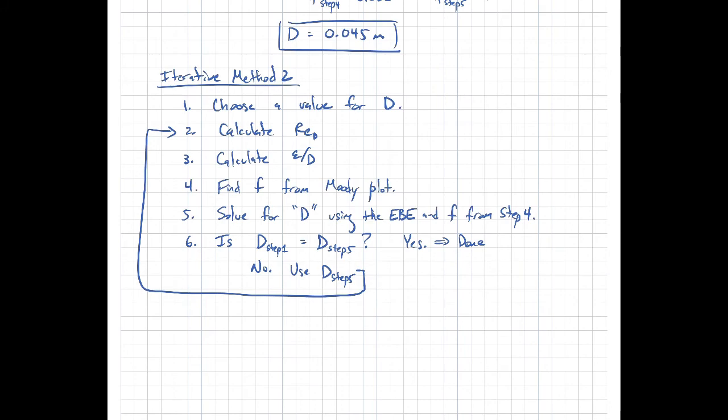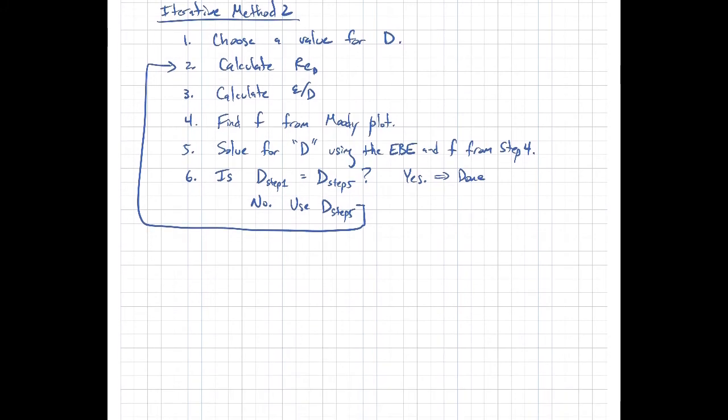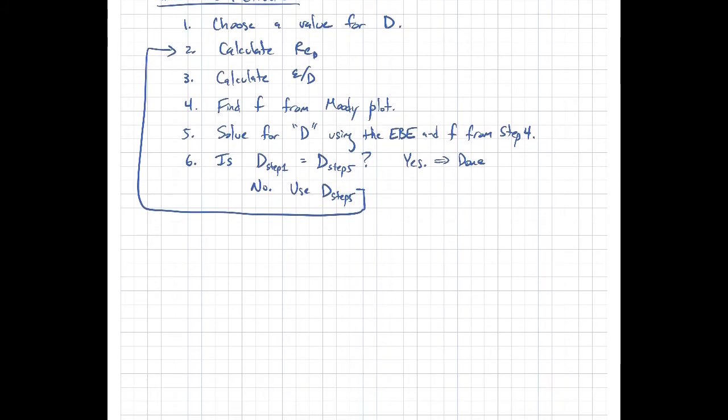All right, and I guess I did actually work out the numbers for this one. Let me just show you the approach using this technique. So starting with the same guessed value for D. The first iteration, I'm just guessing the first diameter there. We get the same Reynolds number that we calculated previously, 48,800.